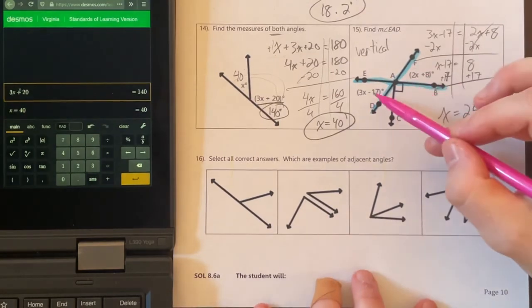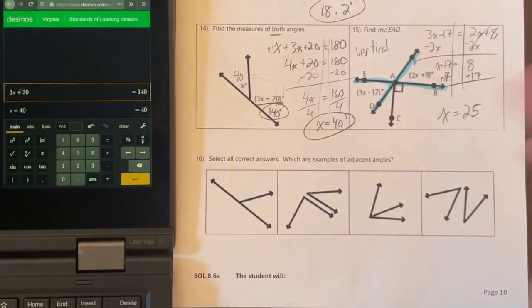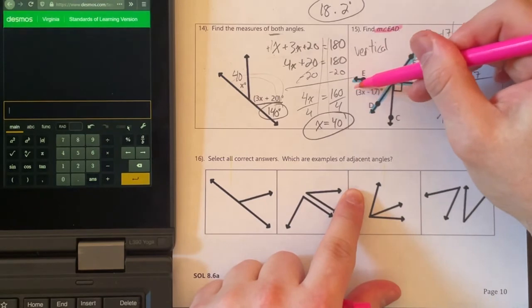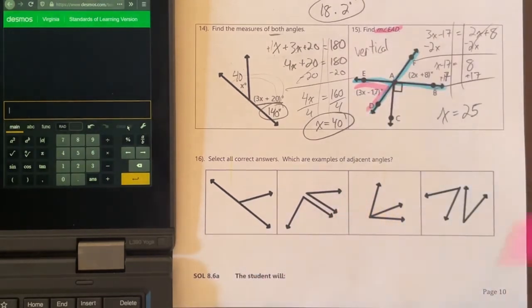It's asking, what is going to be that angle? Let me highlight it again. Angle EAD. So I'm looking for that left side of the equation. Before I even do that, I want to make sure I can check. If I have variables on both sides, I can type in both sides of my equation as two separate expressions.